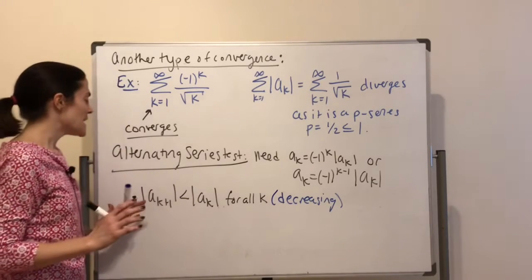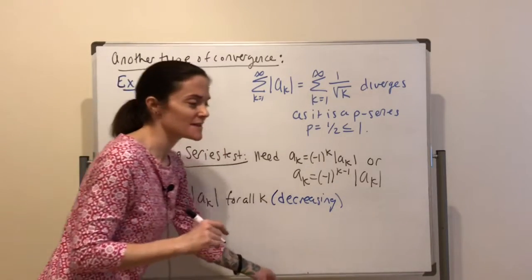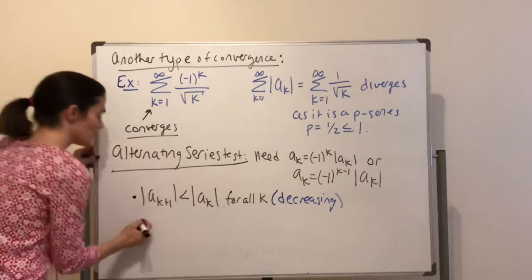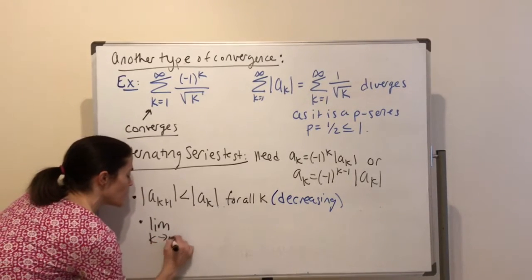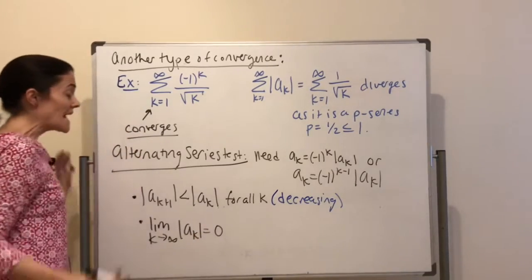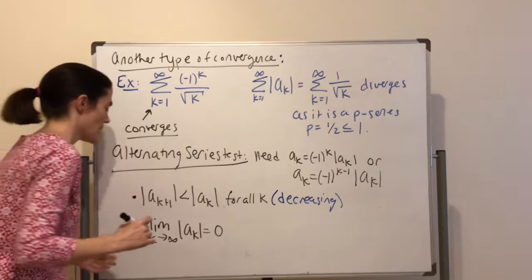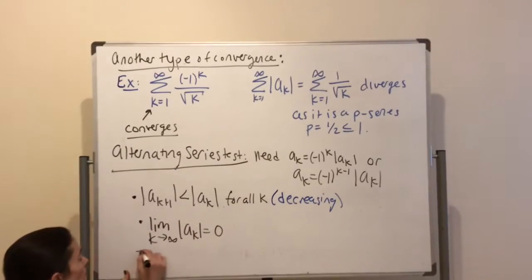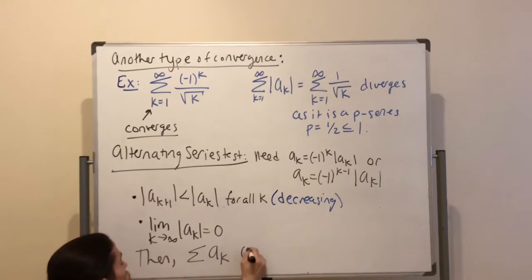Number two, you can take a derivative, if it happens to be a differentiable function, for example. And then finally, you need the limit as k goes to infinity of absolute value of a_k equals 0. If you have both of these and you are alternating, then the conclusion is that the sum of a_k converges.